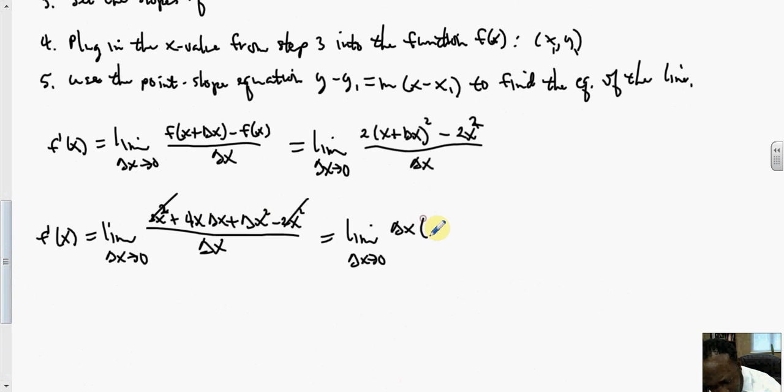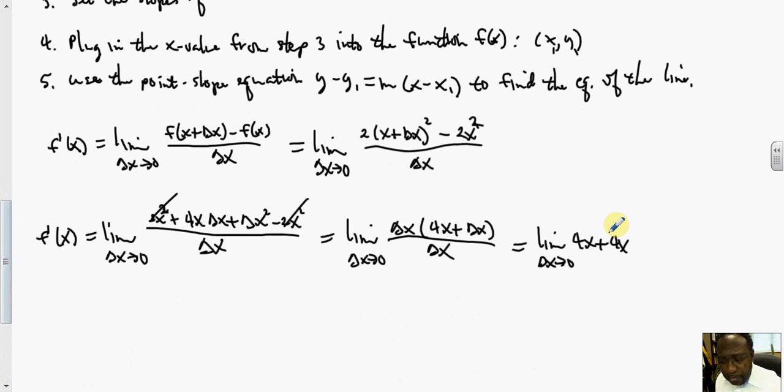Factor out delta x up top, and this is delta x times parentheses 4x plus delta x, all over delta x. Delta x's cancel out. We have the limit as delta x goes to 0 of 4x plus delta x. As delta x goes to 0, this limit is equal to 4x.